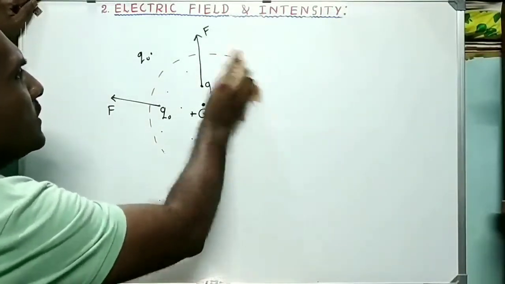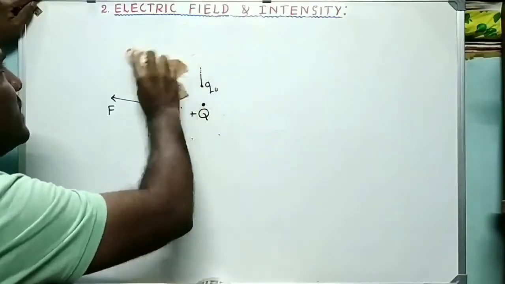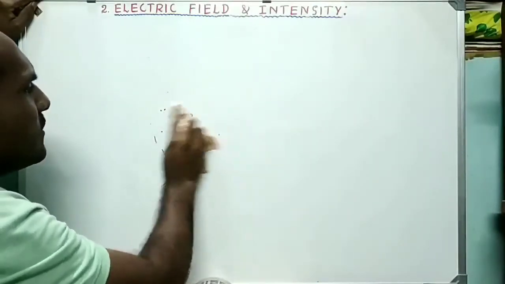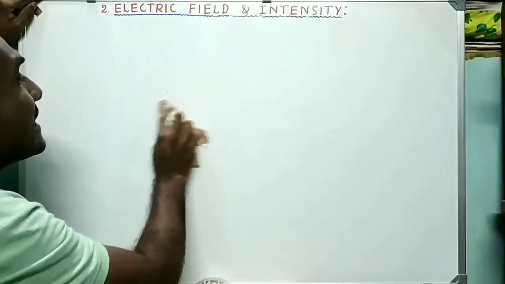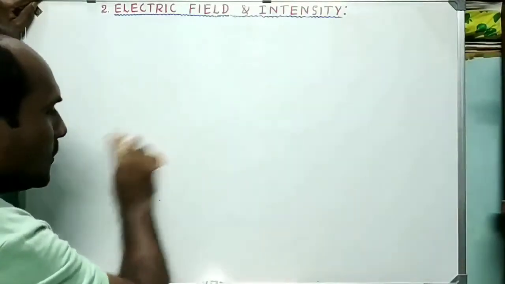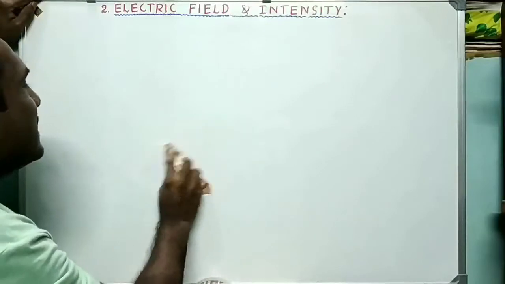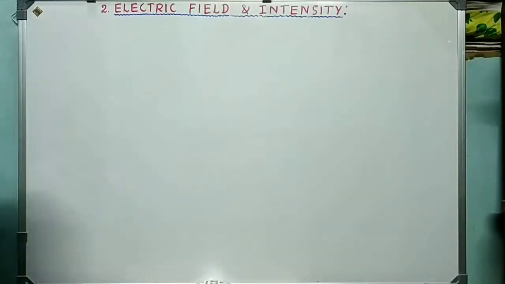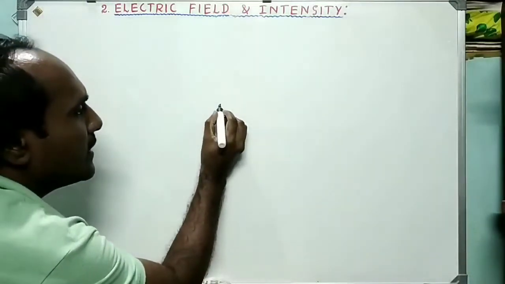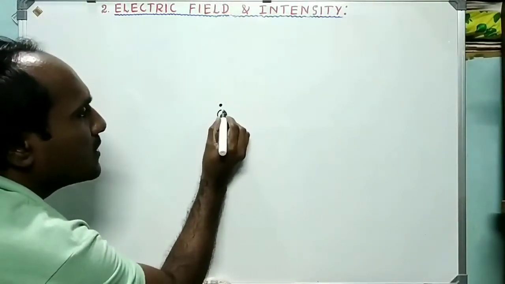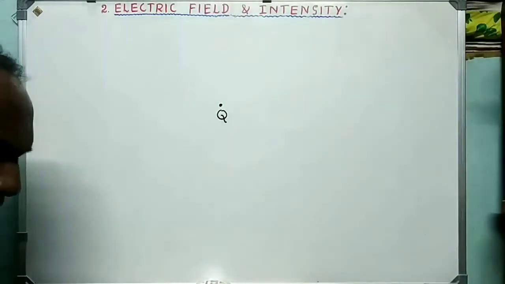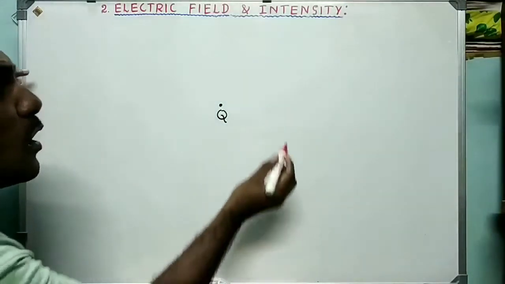How do you know, dear students, what is the meaning of electric field? Now, let us study what is the meaning of electric intensity. What is the meaning of electric intensity? See here. Here, again I will consider a source charge, that is capital Q. Since it is a source charge, it is going to produce what?